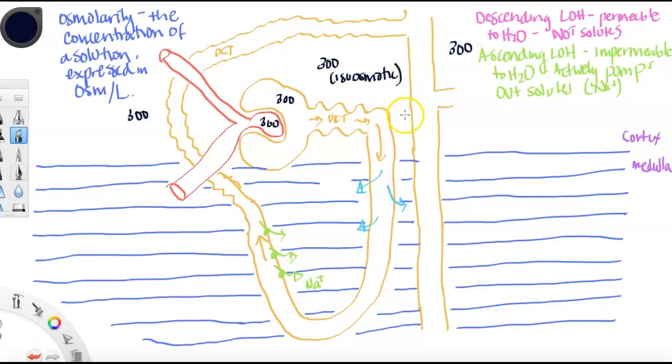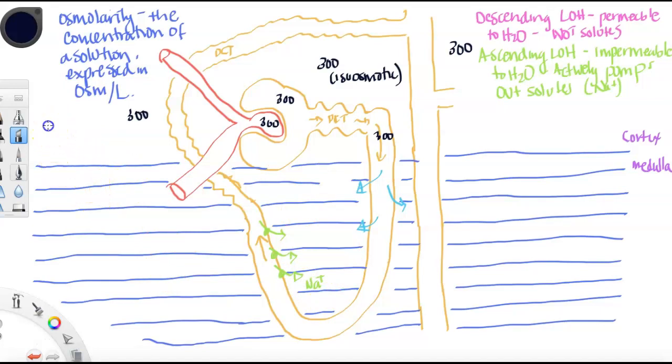Okay, so as it goes down into the medulla, it's going down at an osmolarity of 300. Okay, the concentration of the loops of Henle, because of this pumping and this water coming out on this side and pumping of solutes on the other side, the concentration of the loop going down into the medulla is changing.